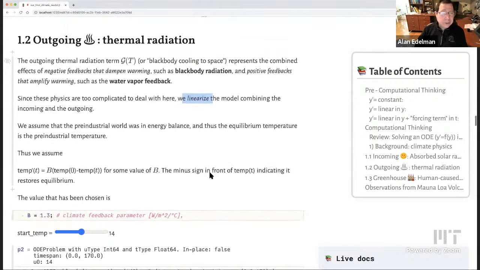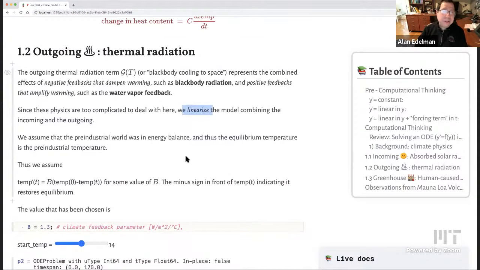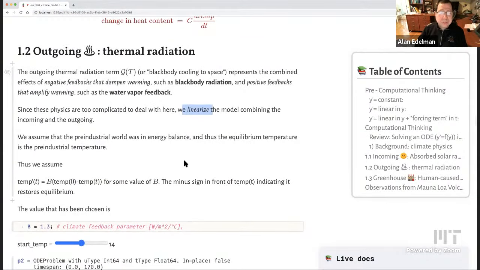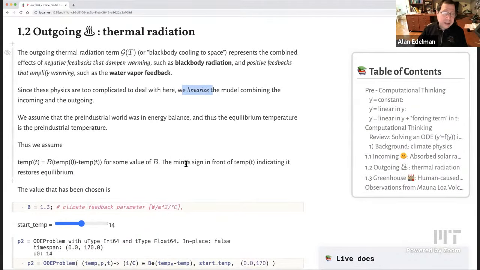Since I know the temperature just before the beginning of the Industrial Revolution, I can use that and say that is going to be my equilibrium temperature. And so the ratio of the constant term to the temperature should, when I set this equal to 0, give me the equilibrium temperature. And so I've managed to remove one variable.